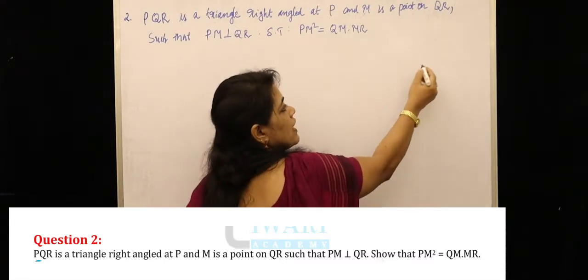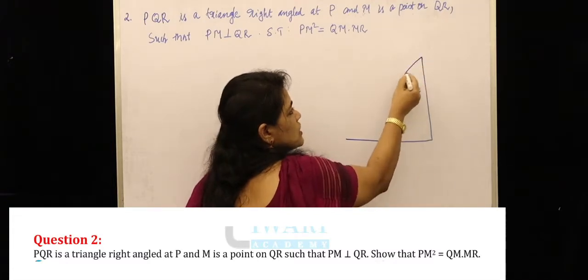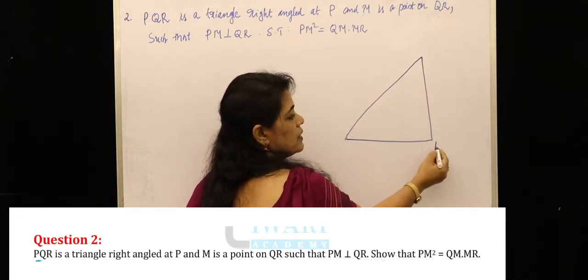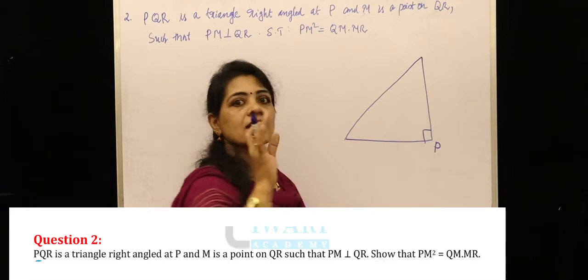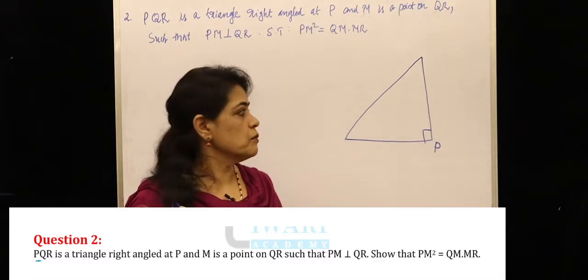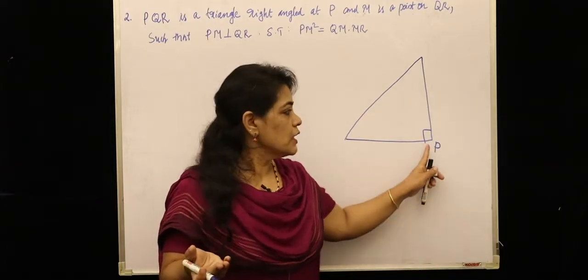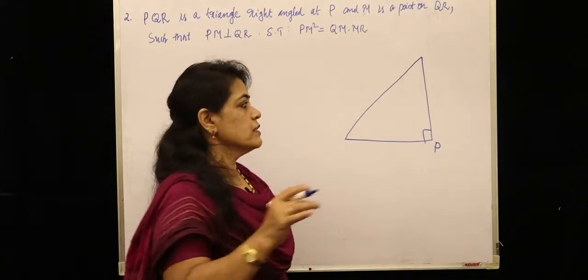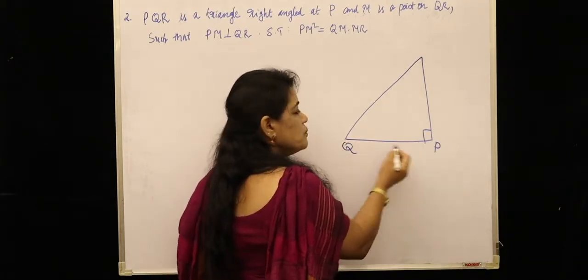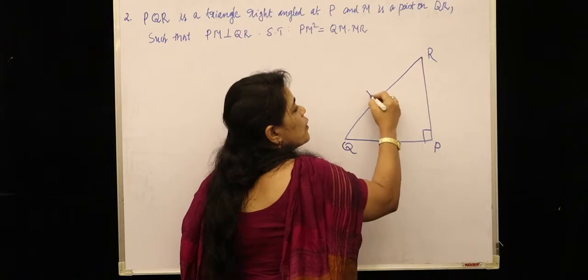We have a right triangle PQR, right angled at P means angle P is 90 degree. Right angled at P, you have to mark this angle as P. Right angled at Q means here you have to mark Q. That is the difference.